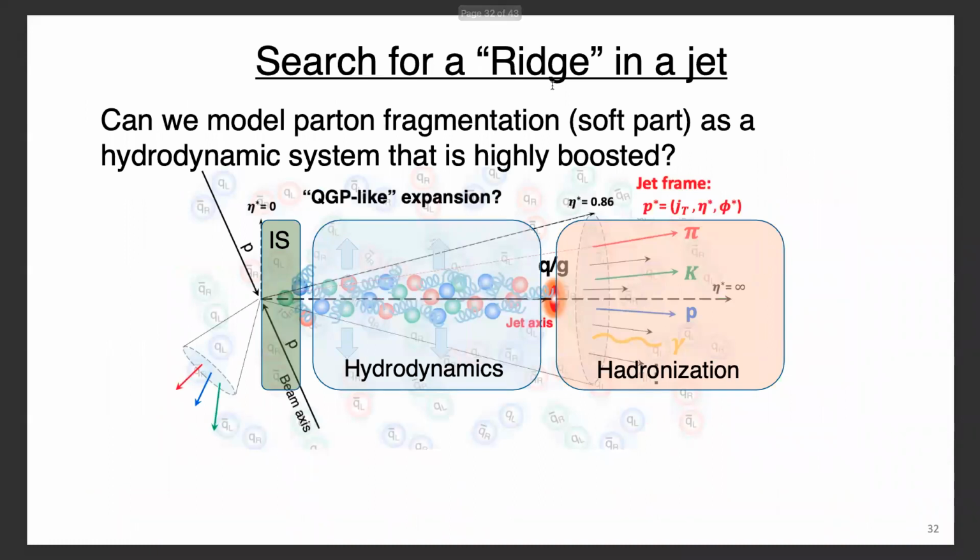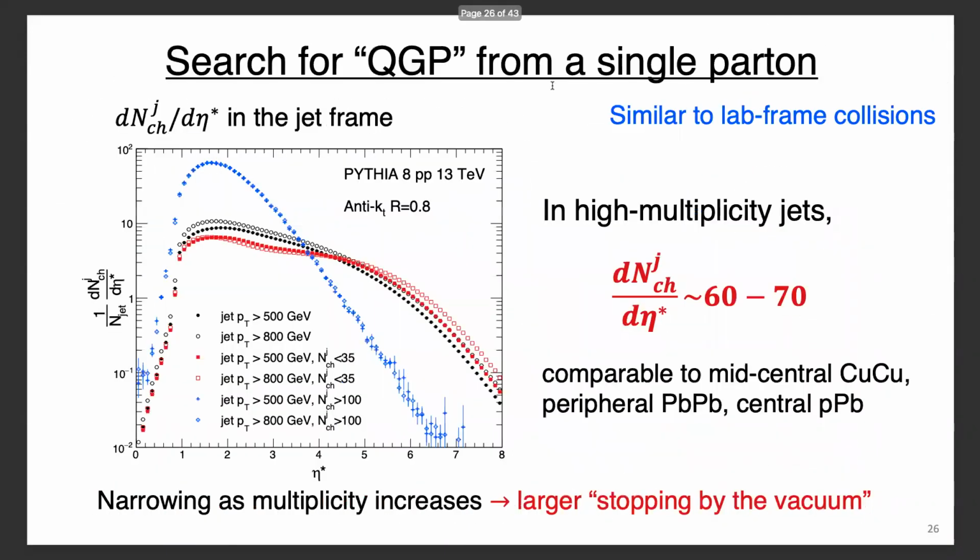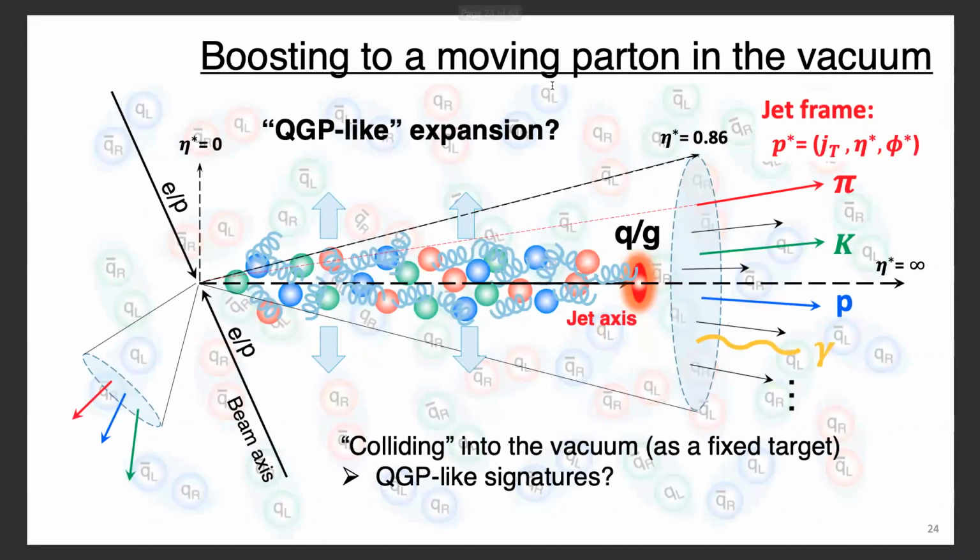In this frame, where is the V2 supposed to come from exactly? It comes from the fact that when the parton goes through the medium and the vacuum, it will knock out the chiral condensates. So it will knock out the free quarks and gluons.